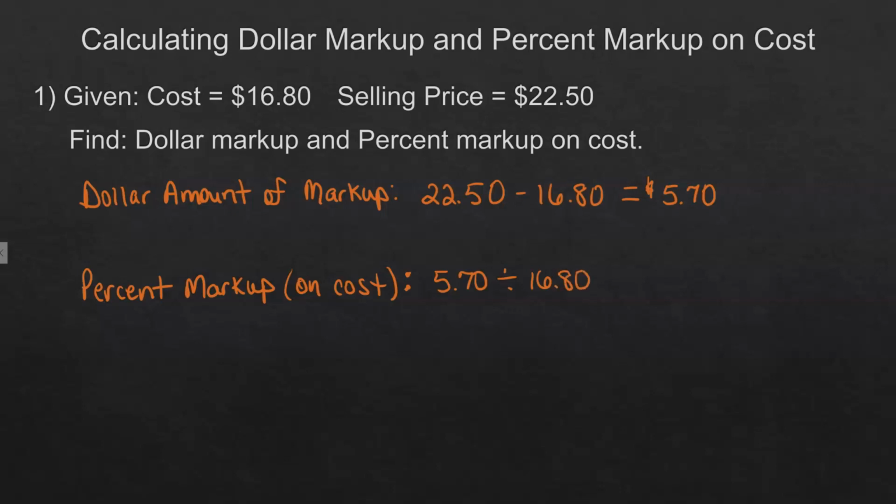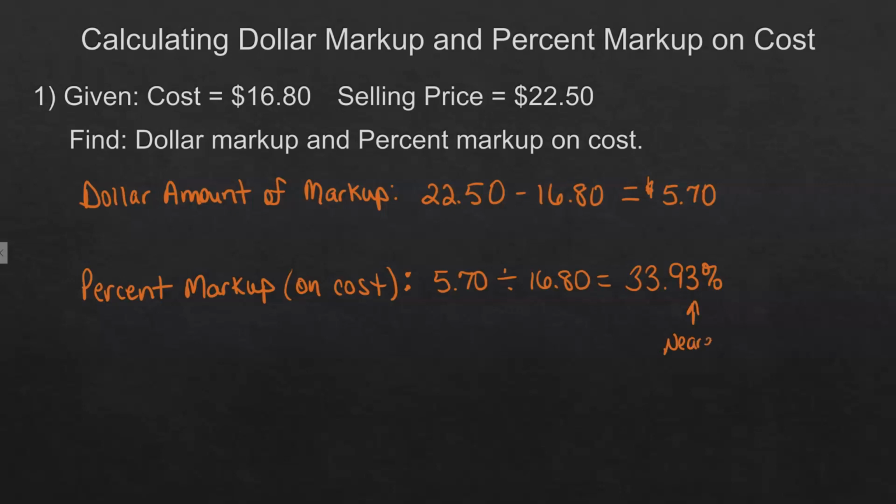So if it says on the cost, you divide by the cost. If you know the amount of the markup and you know the cost, then this is an easy calculation. Now, when you calculate this, you're going to get 0.393 something. I didn't write down what was after that, and that will be 33.93%. I didn't really say what to round to, so I rounded to the nearest hundredth.